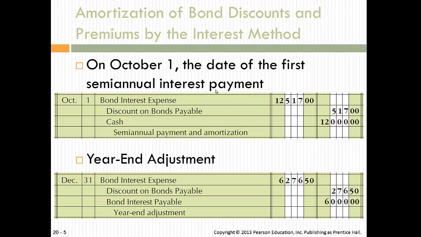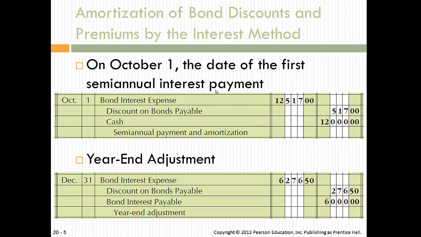At the end of the year, an adjusting entry is needed because we're in between interest payments and interest expense has been incurred. There's 3 months between the last interest payment on October 1st and the end of the year, so we accrue 3 months worth of interest expense and bond discount amortization. This means we multiply each of the amounts we determined for 6 months from the top journal entry by 3/6, or 1/2.